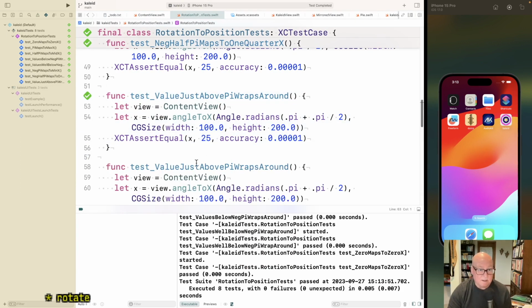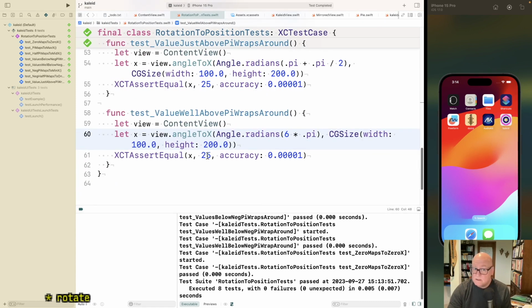All right. And this is value well above pi, wraps around. So let's make this one 6 pi. Okay, and it should wrap around to 0, which corresponds to 50. So 6 pi once, twice, 3 times around puts us back at degree 0, which should map to the center of the board. Okay.